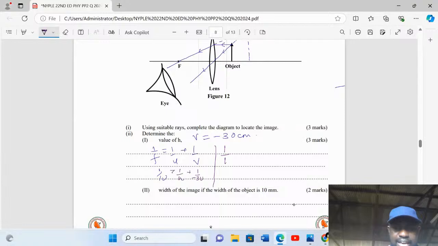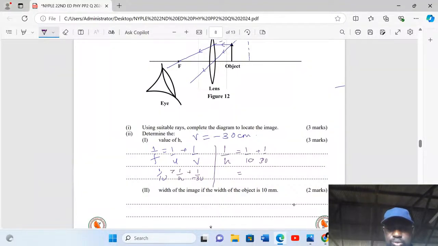Making 1 over H the subject, it will be 1 over 10 plus, since this one is negative, once it goes to the other side, it will be positive, 1 over 30.